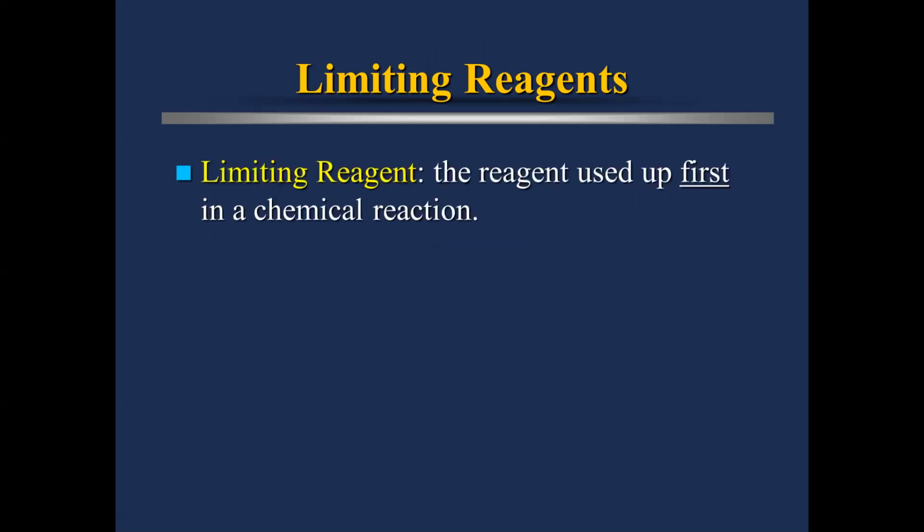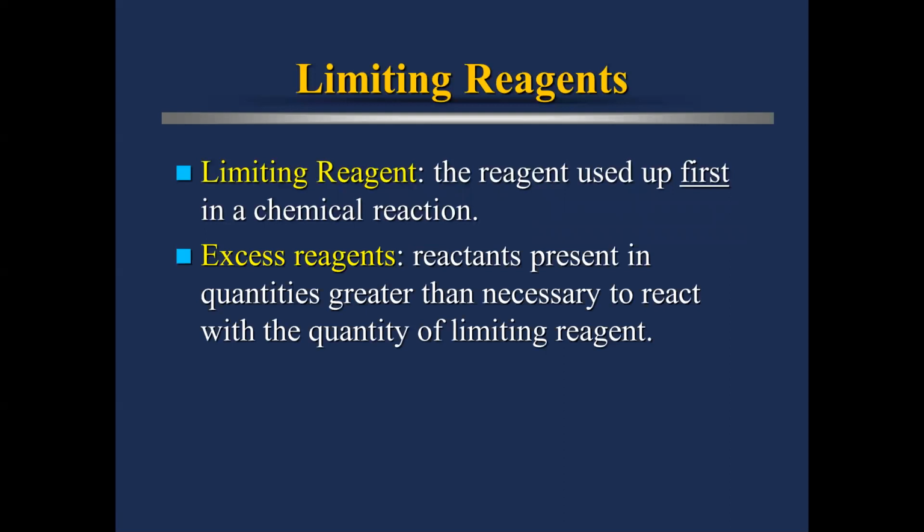Now the new knowledge in this class is limiting reagent and percent yield. Limiting reagent, like in the video I showed you, is the reagent used up first in a chemical reaction.